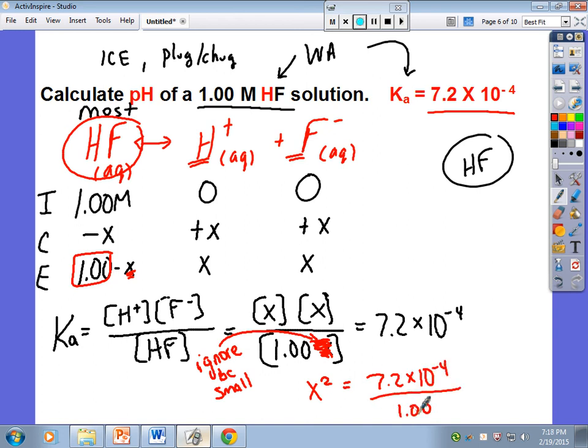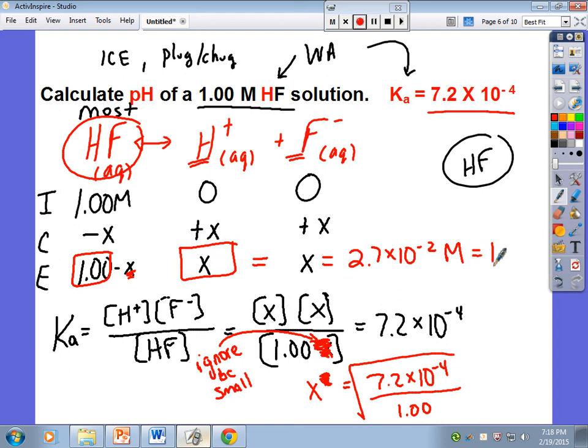Right, when I solve my math, it means I take the square root of this to get X, don't I? And if I do that, I come out that X is equal to 2.7 times 10 to the minus 2, and it's a molarity. That's what my X is equal to.